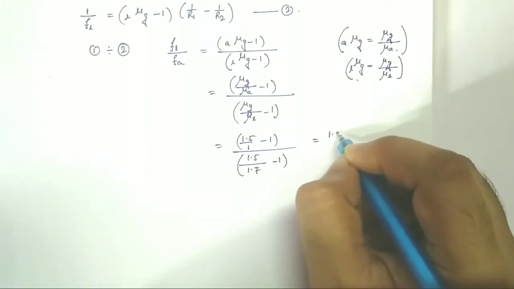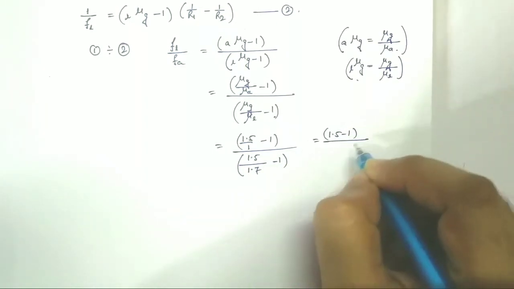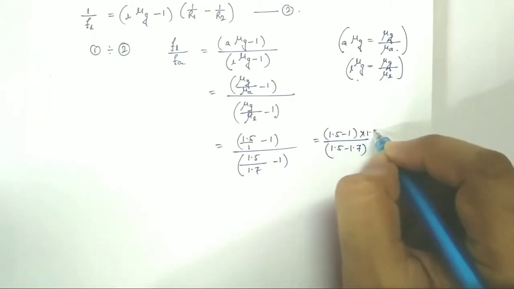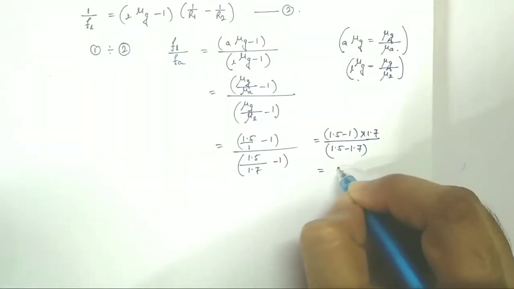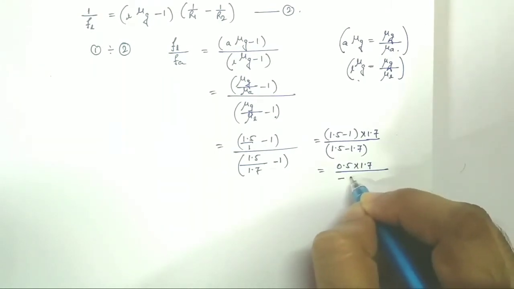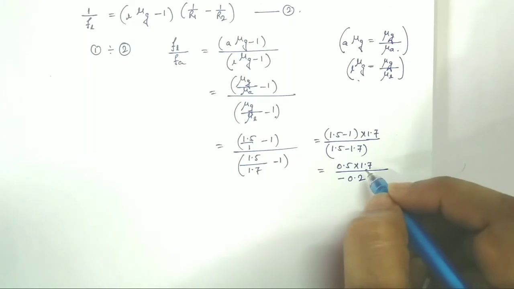So it is actually (1.5 − 1) divided by (1.5 − 1.7) into 1.7. So 0.5 into 1.7 divided by −0.2.